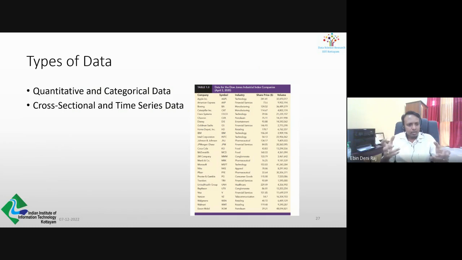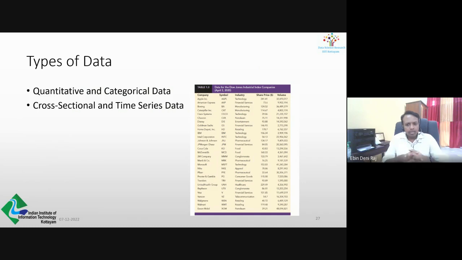But when it comes to categorical data, they are like labels or names, and you may not be able to do any sort of arithmetical operations on that data. We can summarize categorical data by maybe counting the number of observations or computing the proportions of observations in each category.